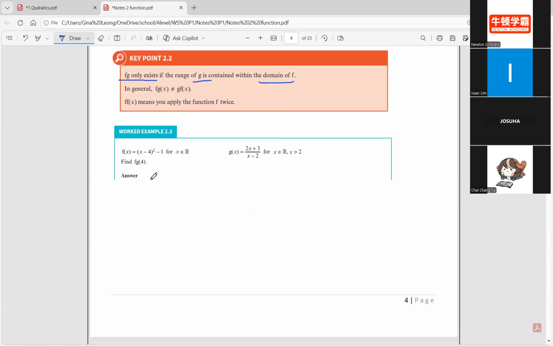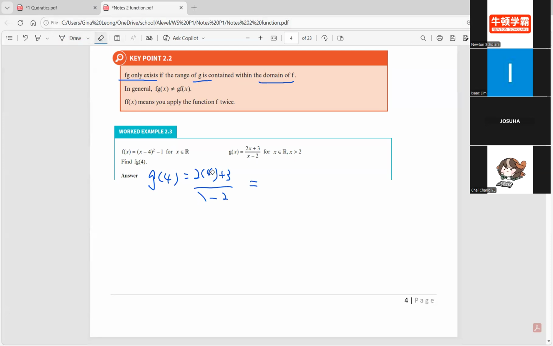Okay, we go for the basic one first. He asked you to find fg(4). The easiest way is to put the 4 into your g equation. So we try to get the 4 first: 2(4) plus 3, over x minus 2. Sorry, x I have to replace. x is 4.